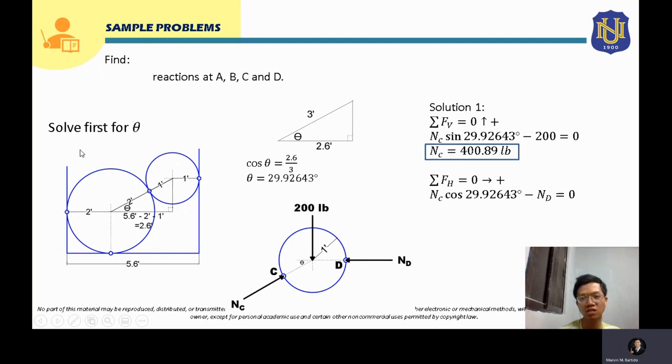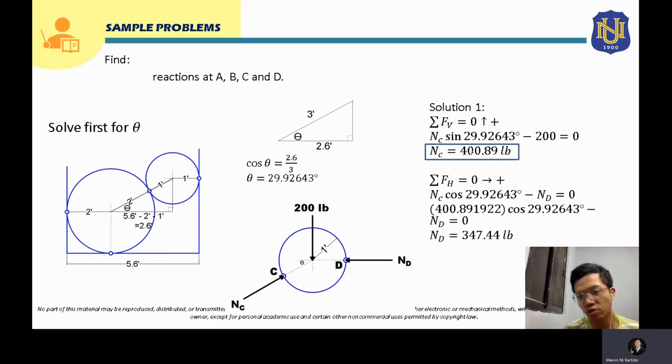It will be equal to 0. Since we already have N sub C, we can solve directly for N sub D. That will just be 400.89 cosine of 29.92643 degrees. So your N sub D will just be 347.44 pounds. So this will now be the reaction at D, and this will now be the answer.